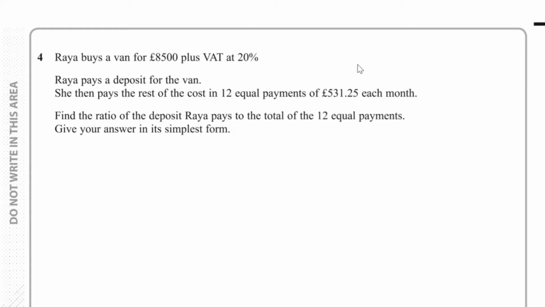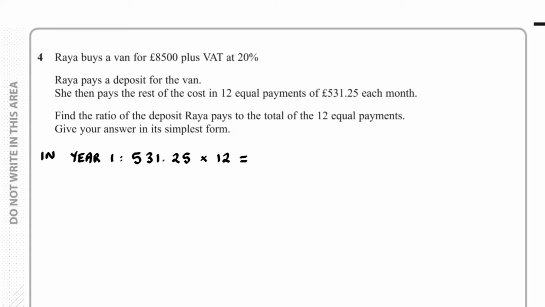Well, if she pays £531.25 each month, that means in year 1, we have 531.25 multiplied by 12. We've got 12 months.